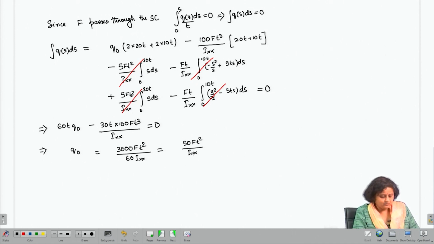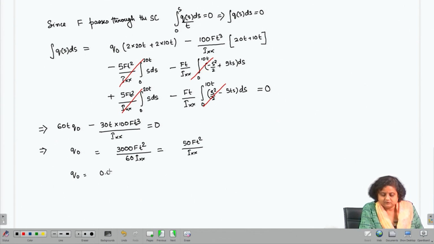If we evaluate this, then we are going to get the value of, so if we substitute the value of Ixx, this is going to be 0.043 F t cube, so this is going to be F by t.